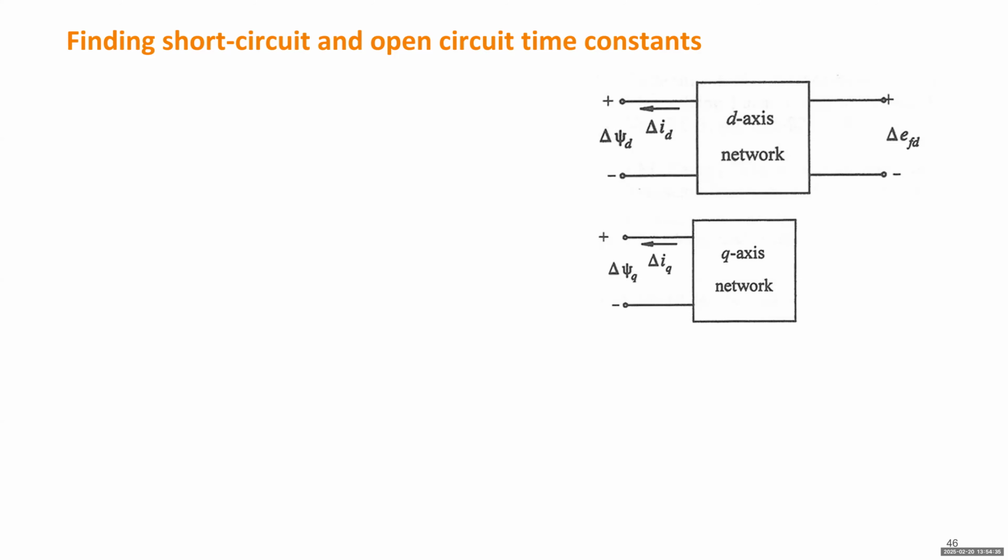Let me give you one example. If you add an open circuit here, when you open the circuit, which one will change instantaneously? You have current and flux linkage. When you open this circuit, the current will become zero suddenly, right? But this flux or the voltage will take some time to change.